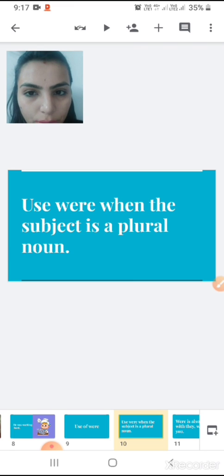Here again we are talking about the past form. Were and was are both used for the past form, and was is used for singular sentences, and were is used for plural sentences.